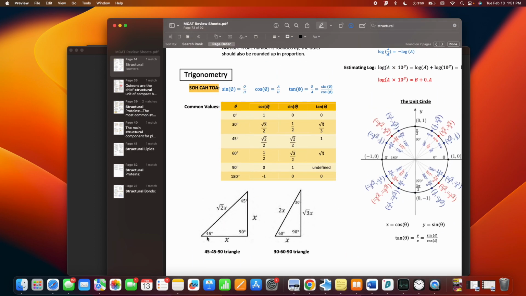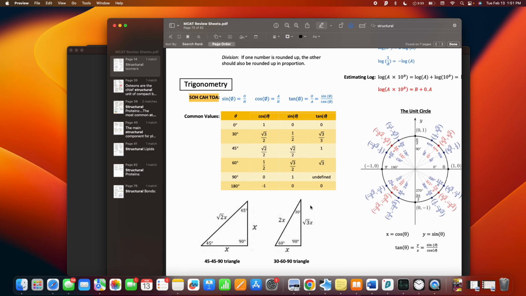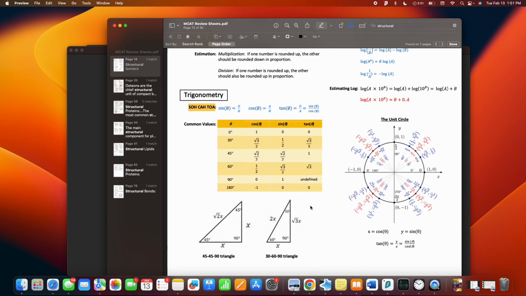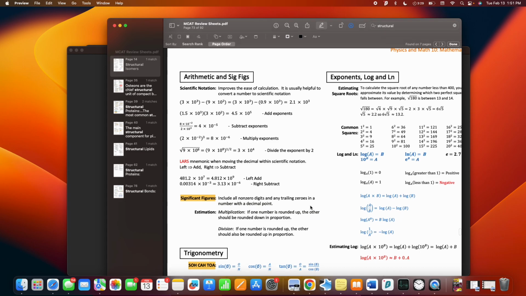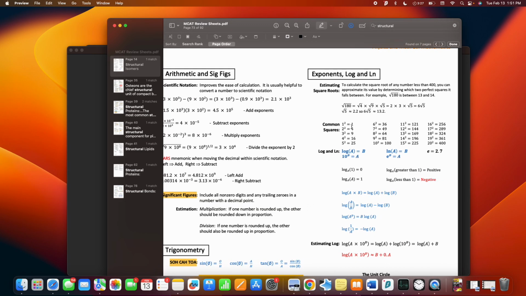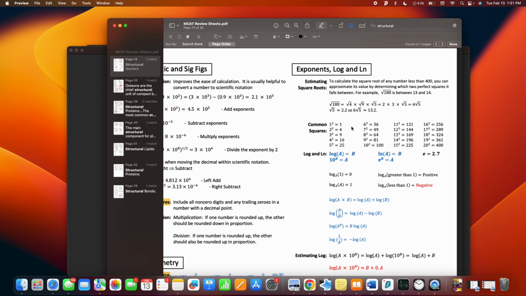But here we have the 45-45-90 triangle: x, x, and square root of 2 times x. And for the 30-60-90 triangle, this is x, 2x, and square root of 3 times x for the sides.